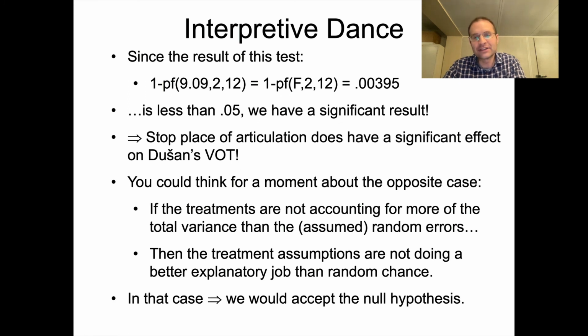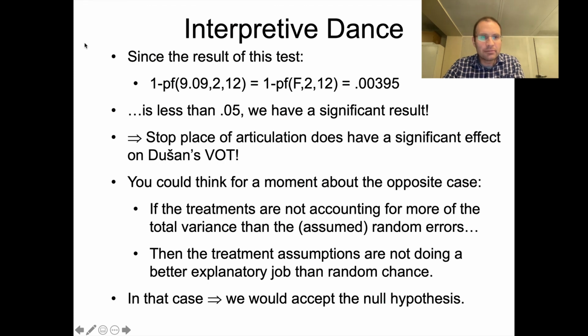So you'd accept the null hypothesis and just assume it's all random nothingness, because if I make the model more complicated than random nothingness, then I don't do any better. So what's the point of taking that costly step of making a more complicated model when I can assume it's all random chance? That's Occam's razor again: take the simplest explanation available to you. But here, we're making a more complicated explanation because it's worth it. We're able to make better predictions of VOT if we assume that VOT is partly dependent on place of articulation.